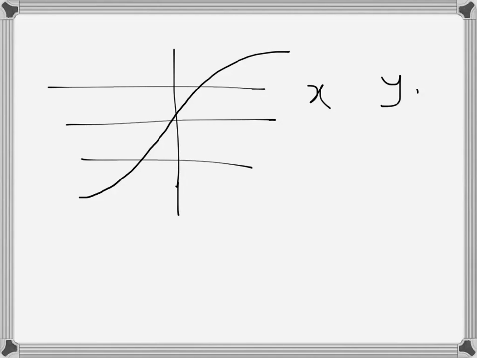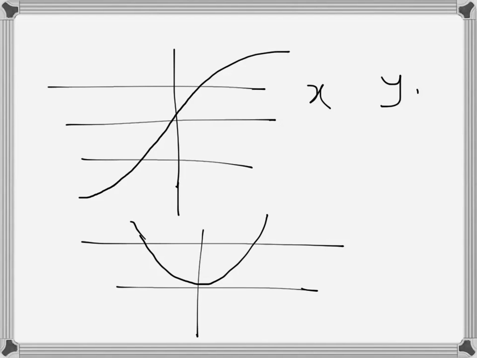If it cuts the graph more than once, then the inverse relation is not a function. So for this one, a parabola, if we draw a horizontal line here, it is cutting the graph twice. So the inverse relation is not a function. This one doesn't have an inverse function, while this one has.